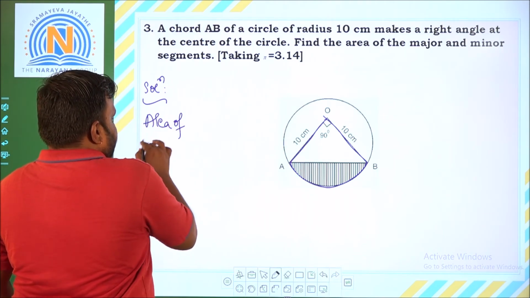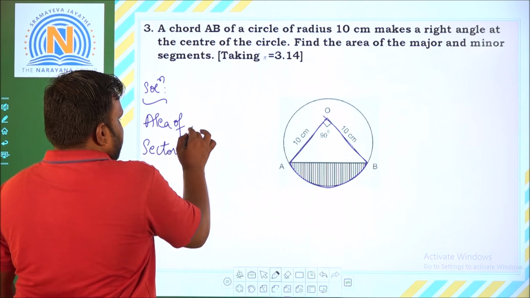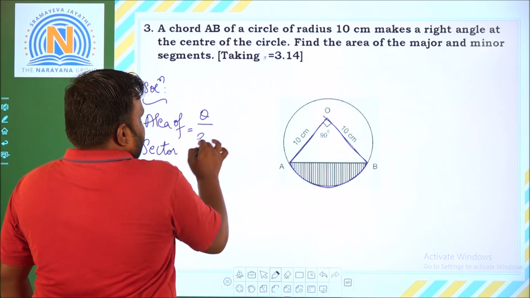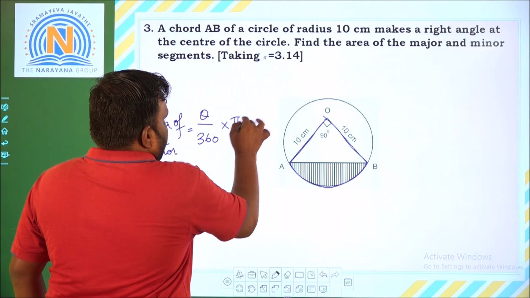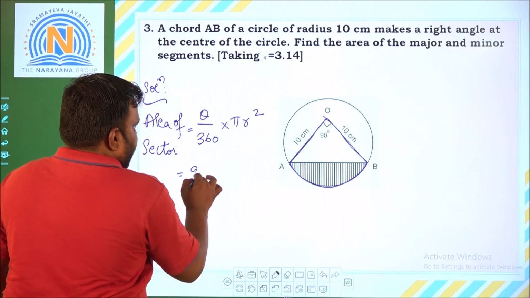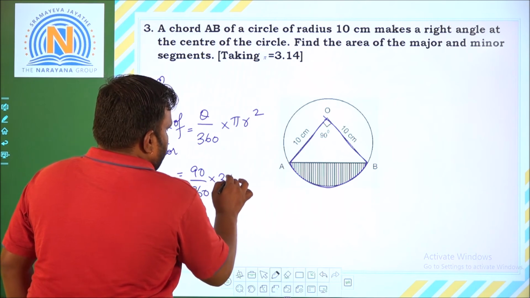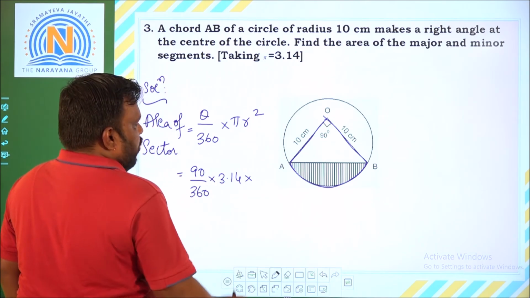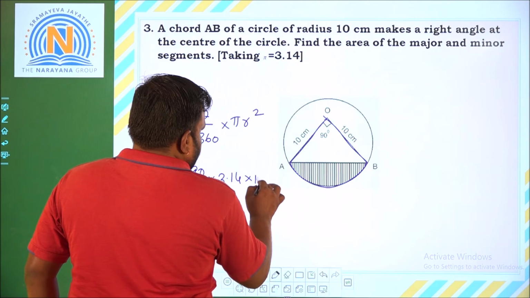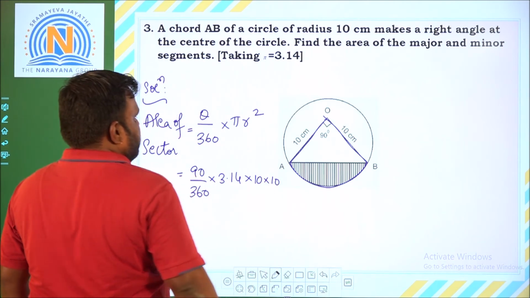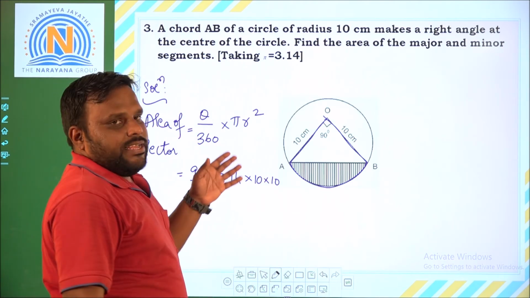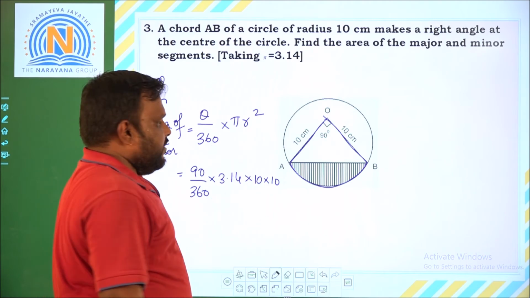Area of sector, the same thing, that is theta by 360 into pi r square. So that is 90 by 360 into 3.14 into r value 10 into again 10. Since the radius of the sector is given clearly as 10, we have this part here.